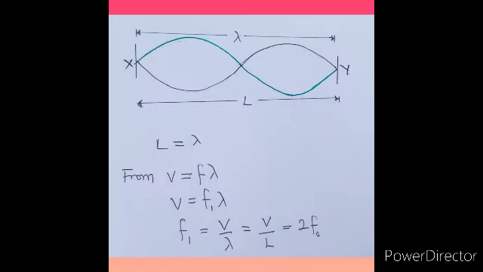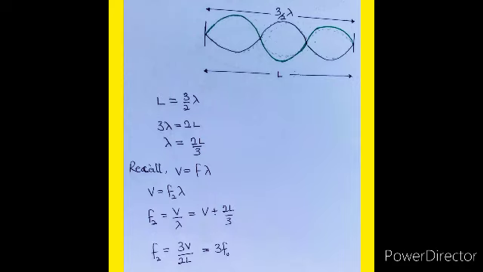F naught. And then we look at another scenario where the vibration has increased and it has produced 2 more overtones. So this gives us the second overtone, and the length of the string still remains L. But the wavelength now, if you trace out the green line, you can see that we have 1.5 wavelengths, and that is equivalent to 3 over 2 lambda.